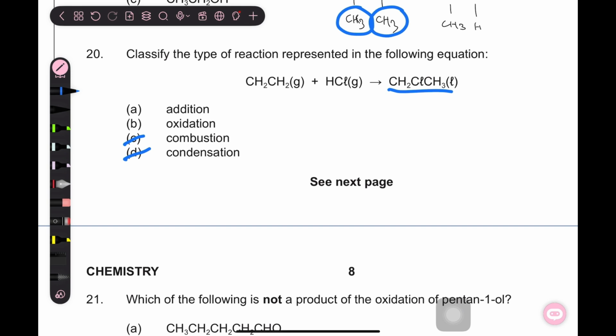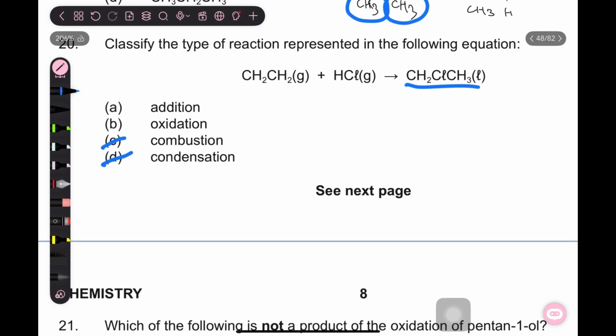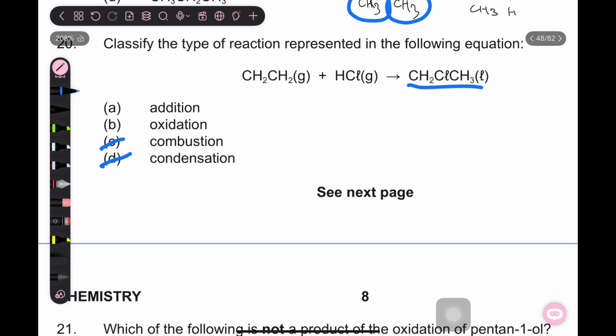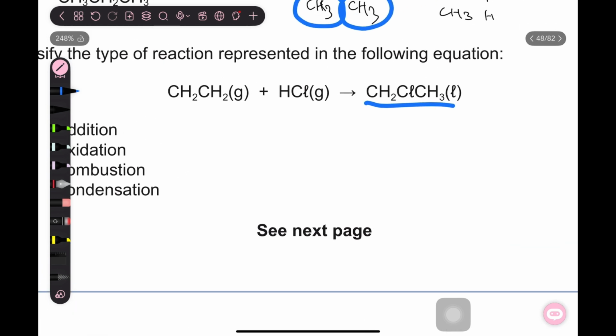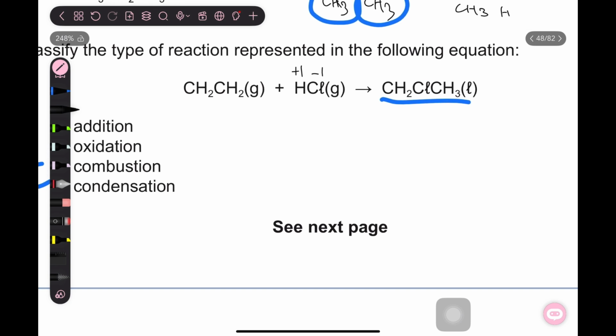Then to determine if it's an oxidation reaction, we need to see if the oxidation number has changed. So the most likely oxidation number to change that I would focus on would be chlorine. So I know chlorine has an oxidation number of -1 and hydrogen has the oxidation number of +1. So if it's -1 here and it's changed, then it could be an oxidation reaction.